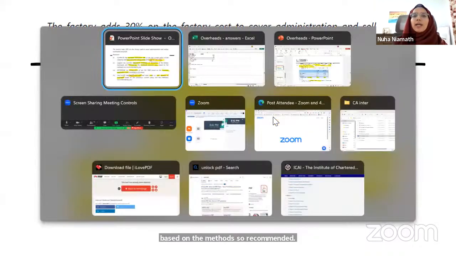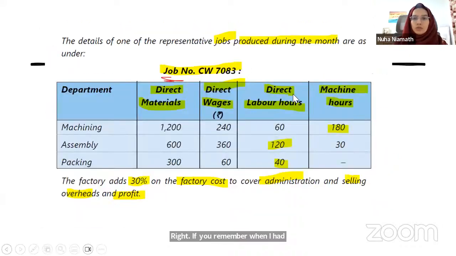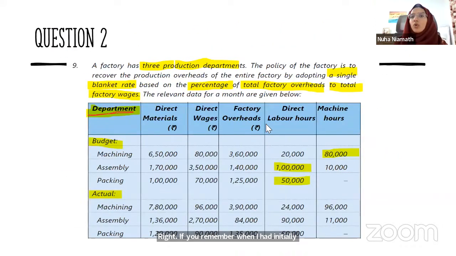If you remember when I had initially started the question, I had asked you what absorption basis would be the most relevant, machine hours or direct labor hours, correct? If the company wasn't following a single blanket rate of percentage of total factory overheads divided by total factory wages, the other way of calculating the overhead absorption rate would be for each department separately.